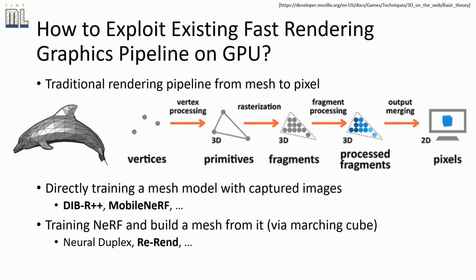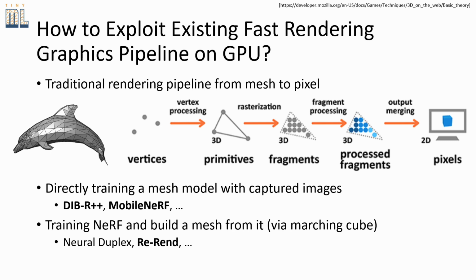So as you know, in the case of gaming, when we render some virtual object, we represent the virtual object with a mesh, a 3D shape consisting of many triangles, and texture. And then, as you can see here, we go through some pipeline stages called the graphics pipeline. And finally, you can render a very realistic image. So we want to exploit that. There are two approaches.